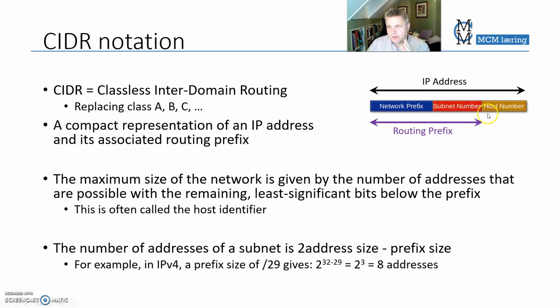So you only had those 3 groups, but now you don't have to specify how many bits you use for this or for that. You have to specify it, but not within those strict sizes.